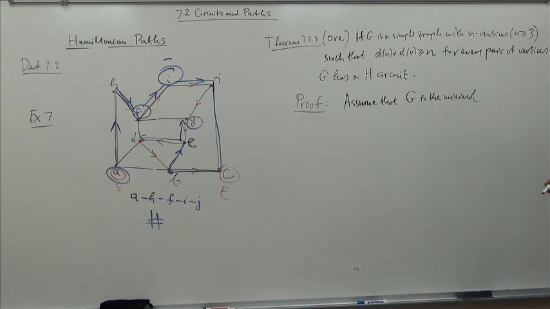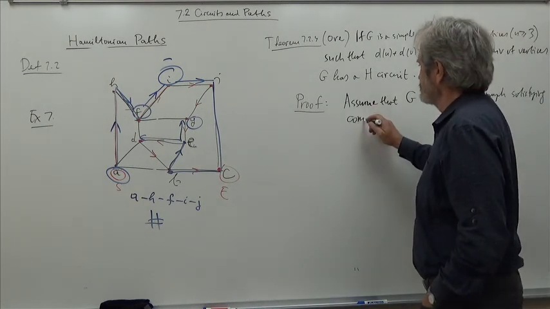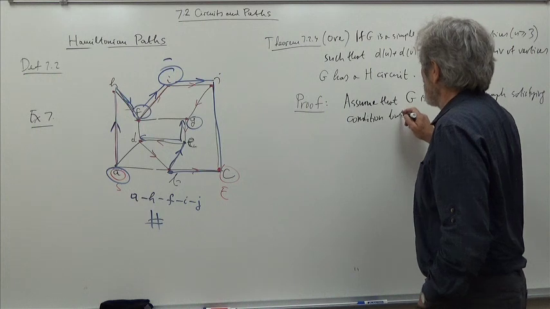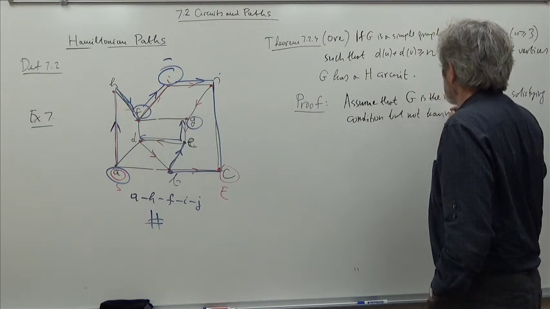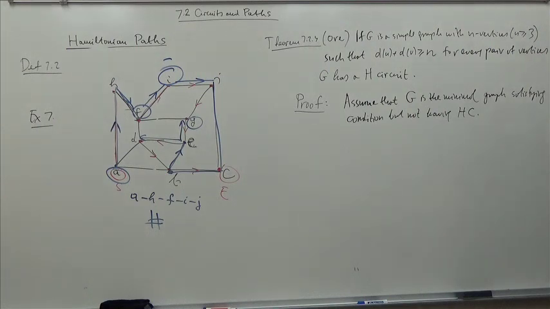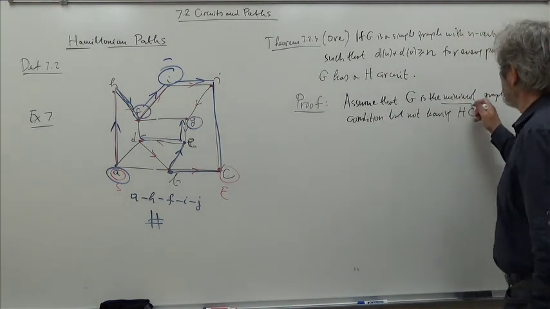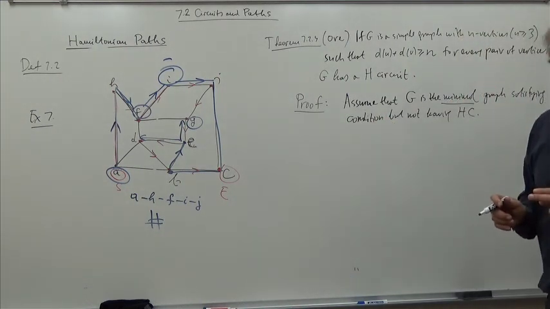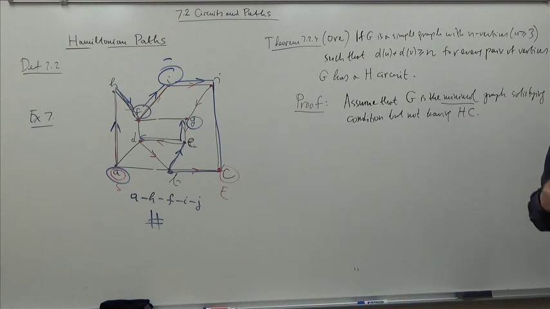We assume that the graph satisfies this condition but doesn't have a Hamiltonian circuit. So assume that G is the minimal graph satisfying the condition but not having a Hamiltonian circuit. What does that actually mean? That means if we just add one edge, it will have a Hamiltonian circuit. Otherwise we would keep cutting and get smaller and smaller graphs.